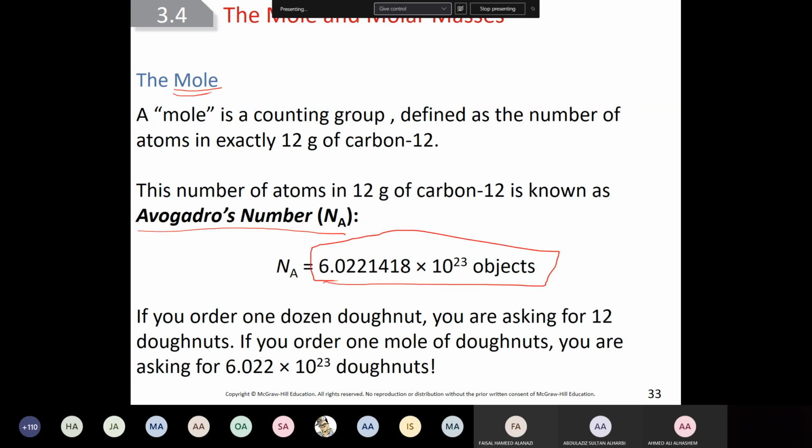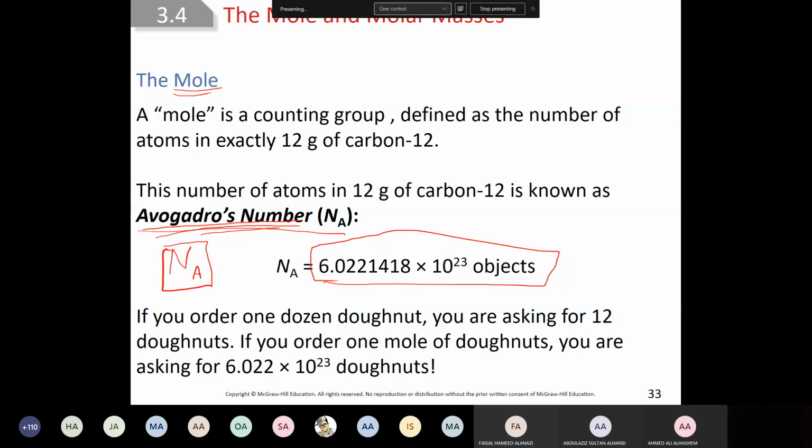You should memorize it, even though I'm going to give it to you in the periodic table. See this number? What's the name of this number? It's called Avogadro's number. We will refer to it as NA. Whenever I write NA, what does this letter mean? Avogadro's number.